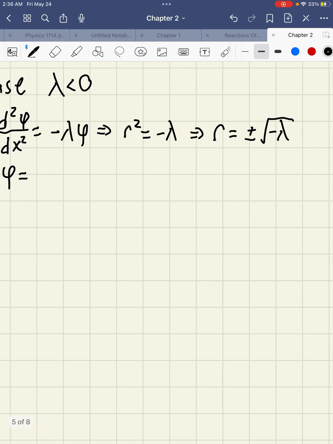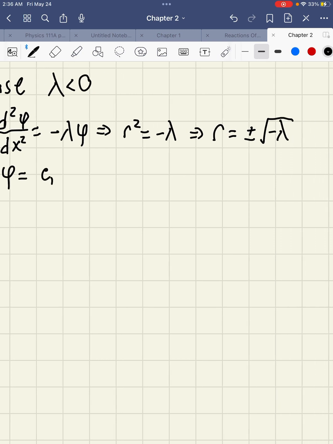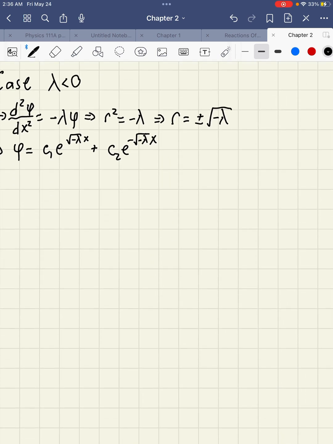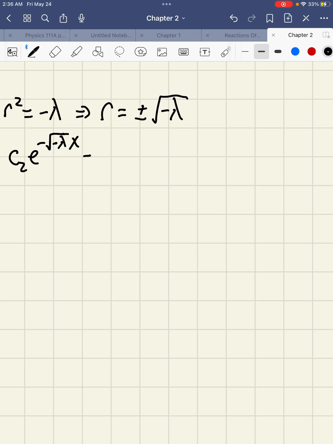is going to be equal to C1 e to the positive square root of negative lambda x plus C2 e to the negative square root of negative lambda x. Well, this is a combination of exponential functions, so I can rewrite this in terms of hyperbolic functions.